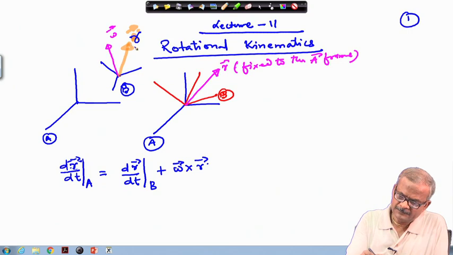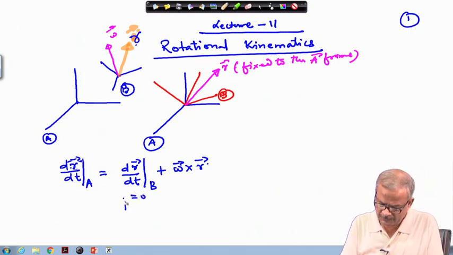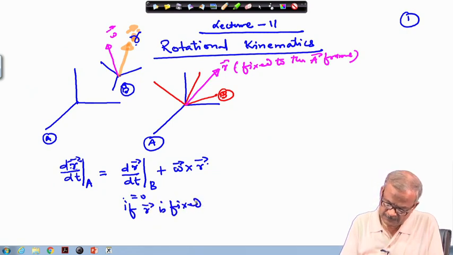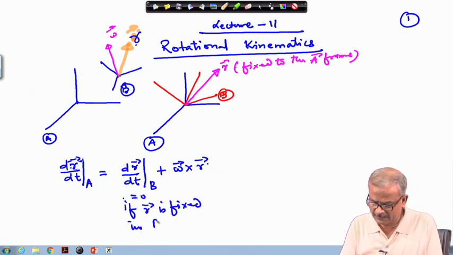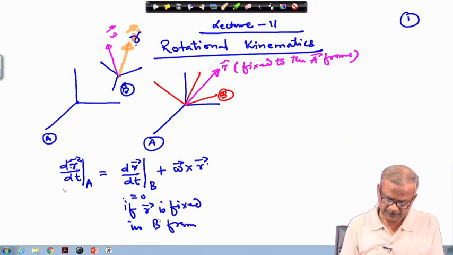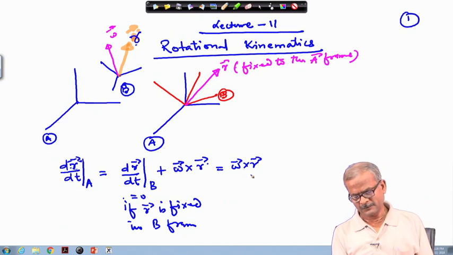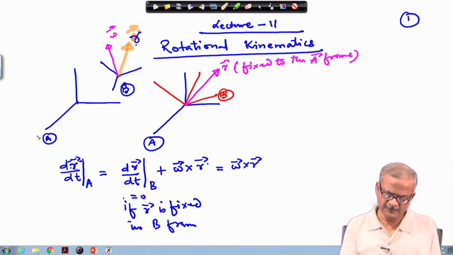If this vector r is fixed in the B frame, this first quantity will be 0. So, the rate of change of the r vector as seen from the frame A will be omega cross r. If you break it, you can get the components.